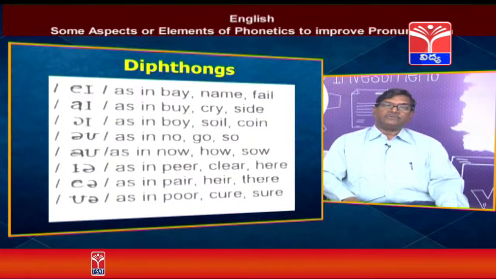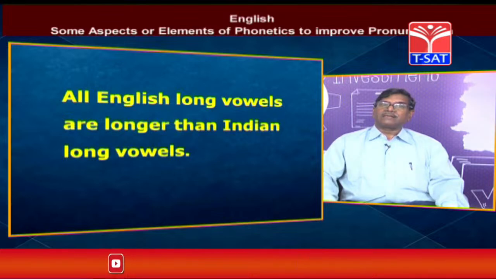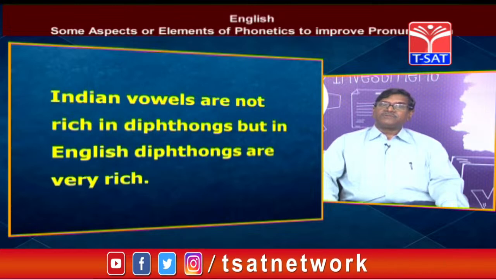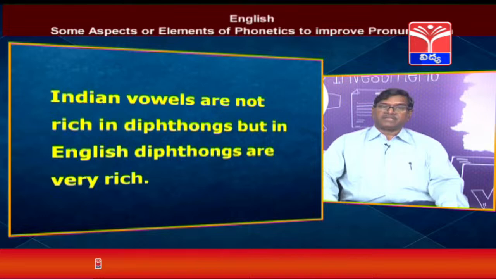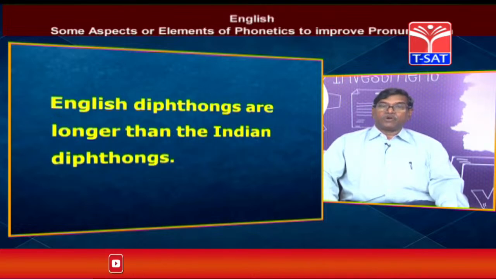Now, we come to other aspects. In English, long vowels are longer than Indian long vowels. And Indian vowels are not rich in diphthongs, but in English, diphthongs are very rich. That means they should be uttered very clearly and strongly. English diphthongs are longer than Indian diphthongs.